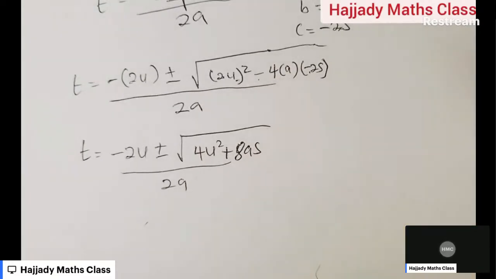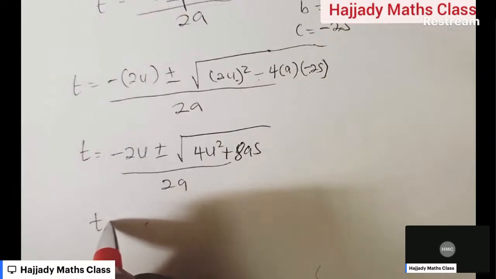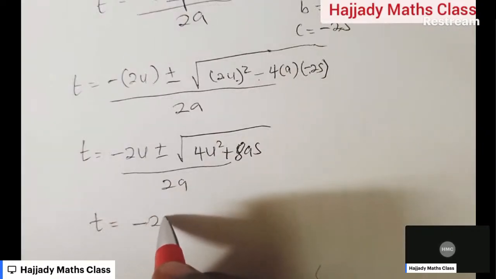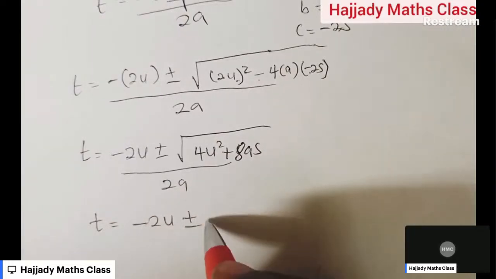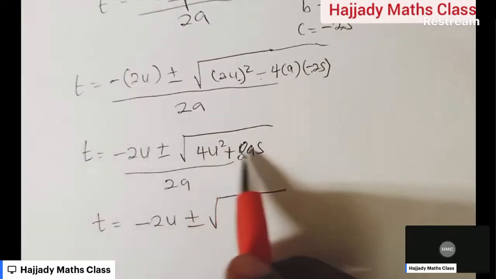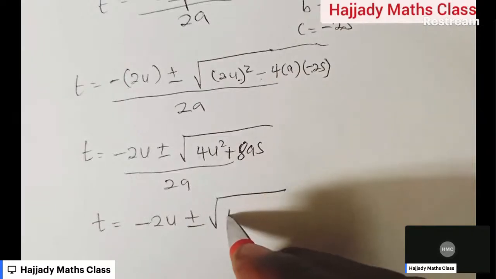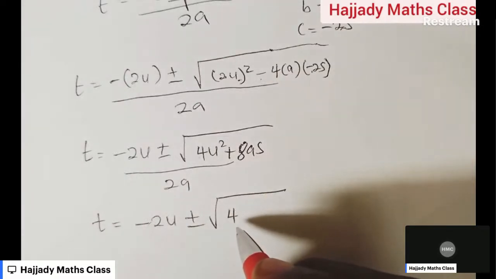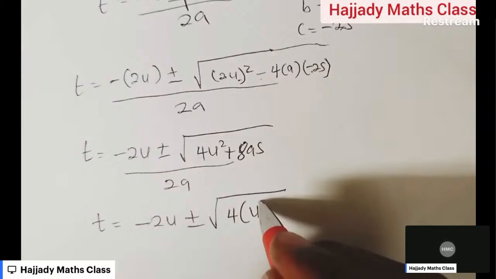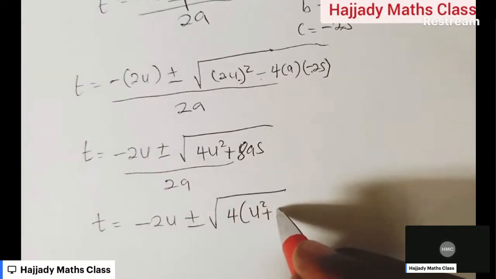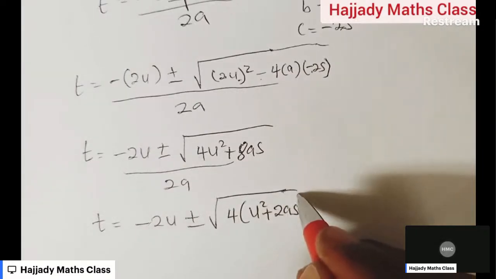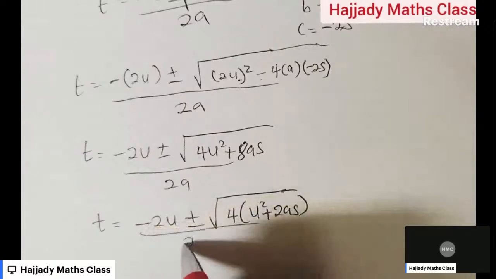The next step, by solving further, t equals minus 2u plus or minus root. Looking at this, we can factorize out 4, which is common to both terms, into a bracket: u squared plus 2as, all over 2a.